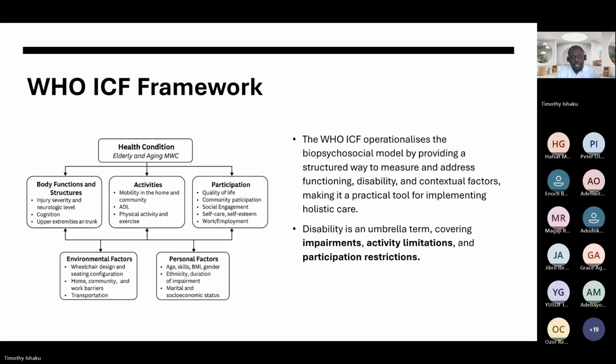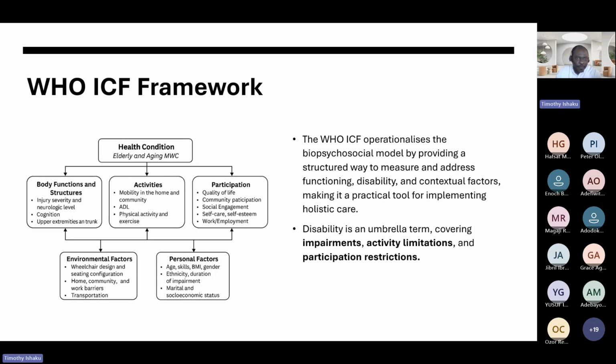The ICF framework moves beyond the biomedical model by considering functioning and participation in daily life, not just the disease.